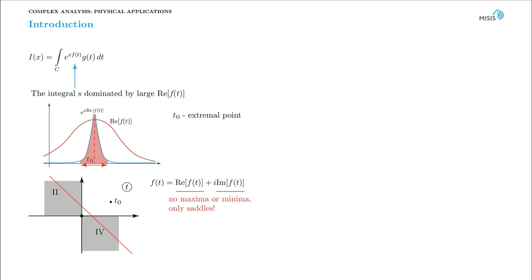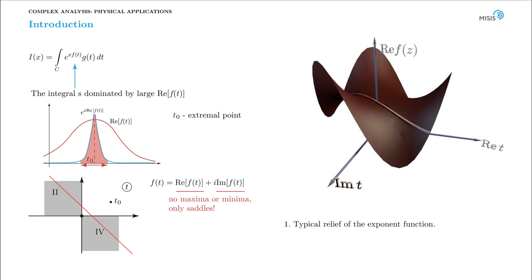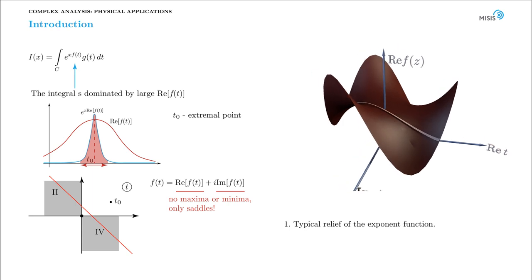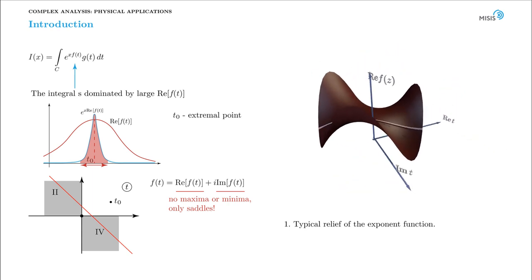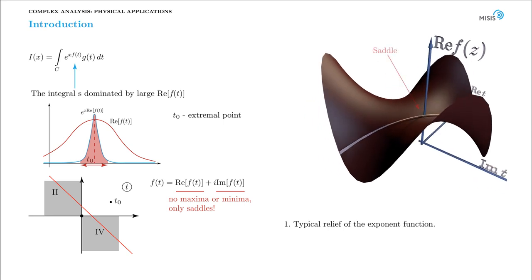First, let us have a quick look at the typical relief of the real part of exponent function. It looks like a mountain ridge, although with no peaks. The start point and end point of the contour are usually separated by some path across the saddle of the ridge. We therefore understand that though the real part of f of t doesn't have extrema in a complex plane, it's not a problem.